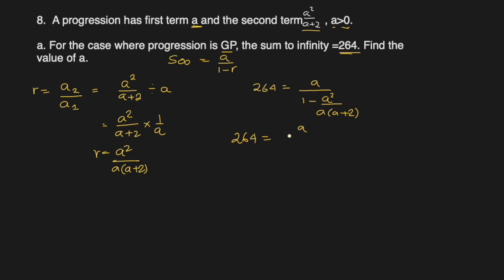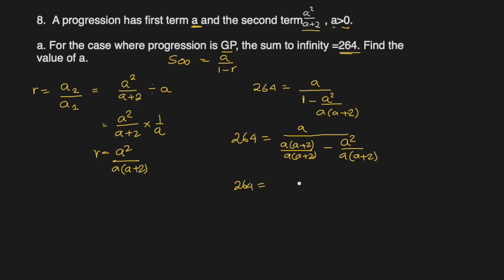So a remains a on the numerator. Here 1 does not have any denominator, so they can't be combined. So what will I do? I will write this 1 as a plus 2 divided by a plus 2. Isn't it 1 again? So 1 is written like this so that I can combine the two parts. And the second one remains a over a plus 2.